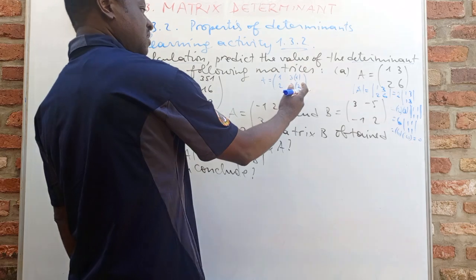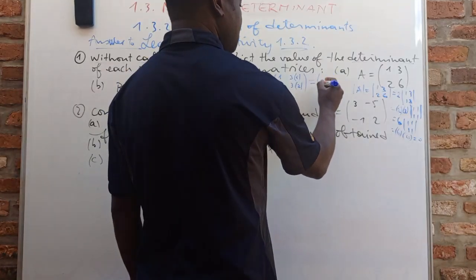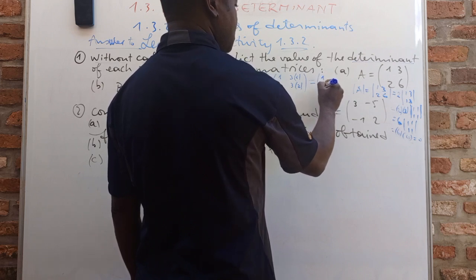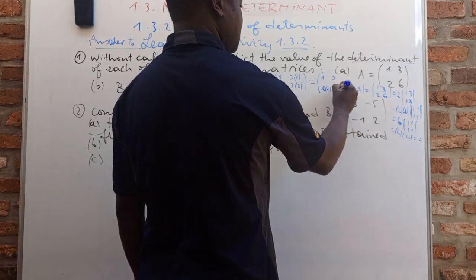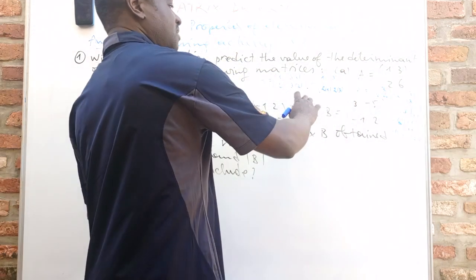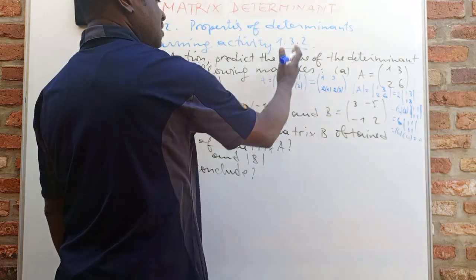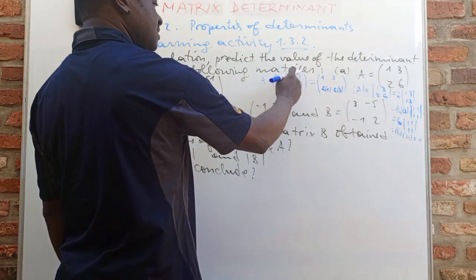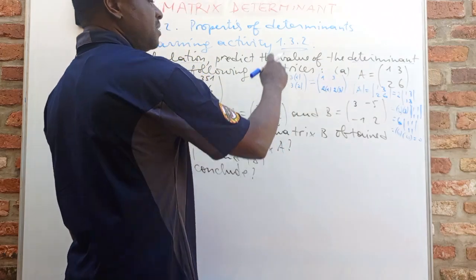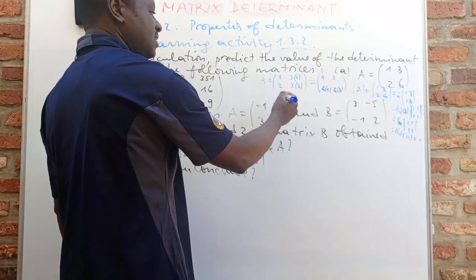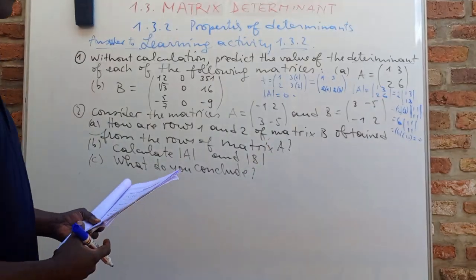So the second column is a multiple of the first. There is another way of writing this matrix: 1, 2 times 1, then 3, then 2 times 3. Also, the second row is twice the first row. The second column is thrice the first column. So one of these can be used to conclude without calculating that the determinant of this matrix is equal to 0.